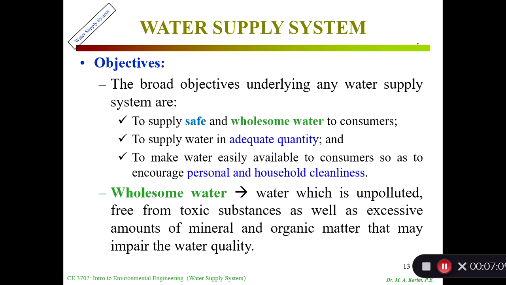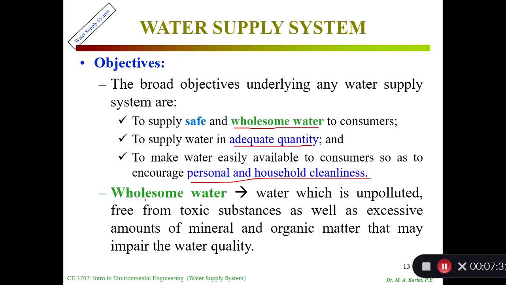A water supply system's broad objectives are to supply safe and wholesome water, in adequate quantity, and to make the water easily available to consumers so as to encourage personal and household cleanliness.